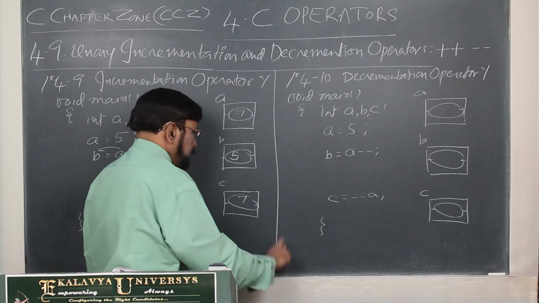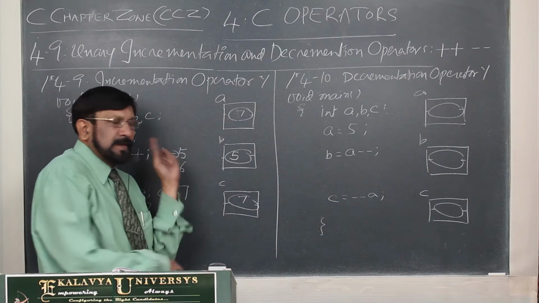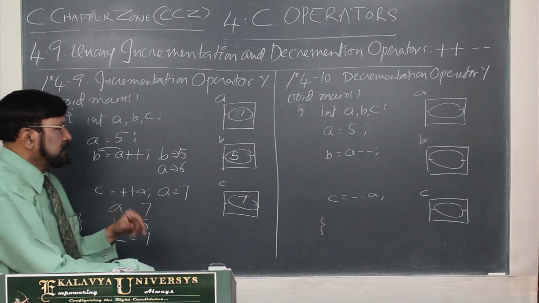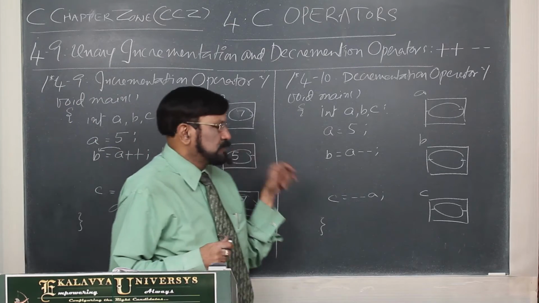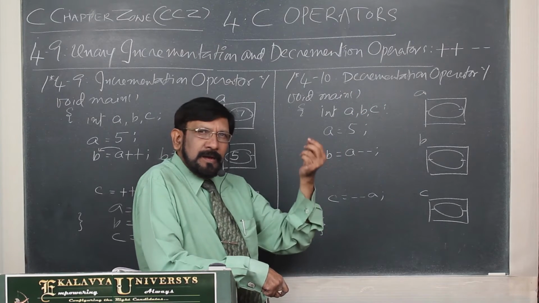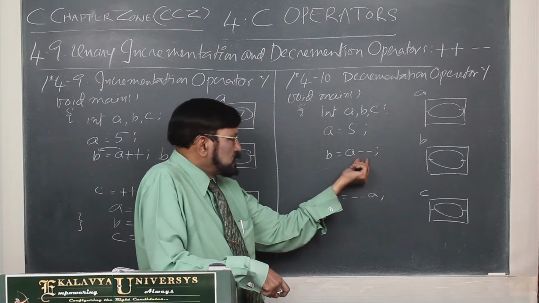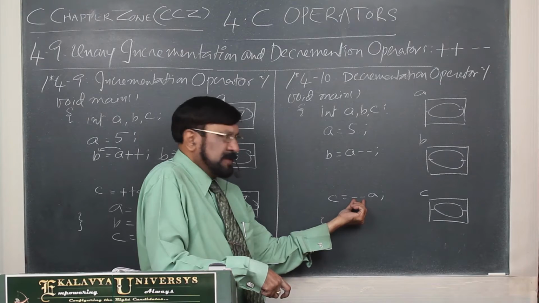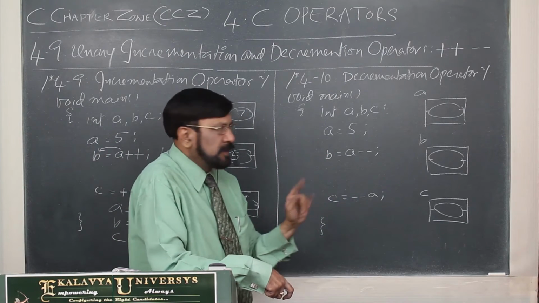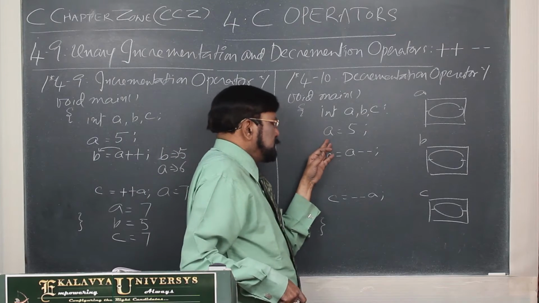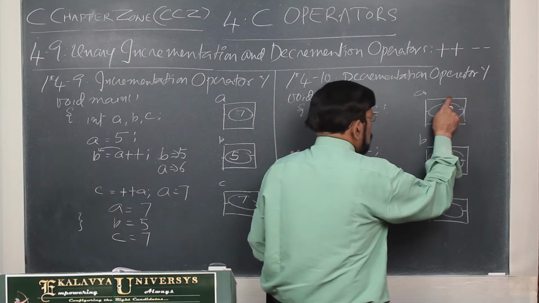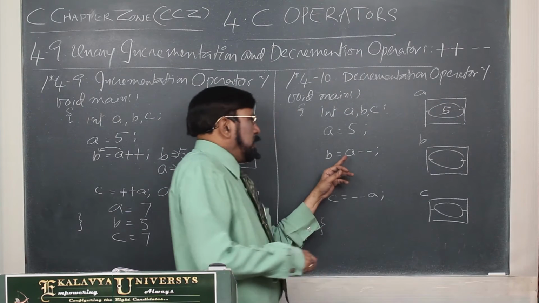Now, this is incrementation. Post incrementation and pre incrementation I have explained through this program. Thereafter, I am explaining decrementation, post decrementation and pre decrementation. Actually, this is incrementation, this is decrementation. That is the only difference. Now you see, the same program I have given, and A is equal to 5.